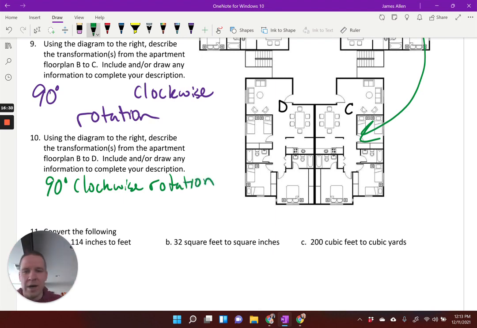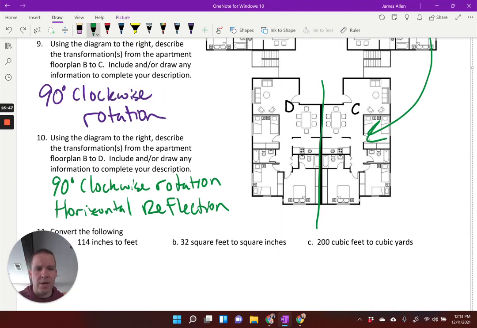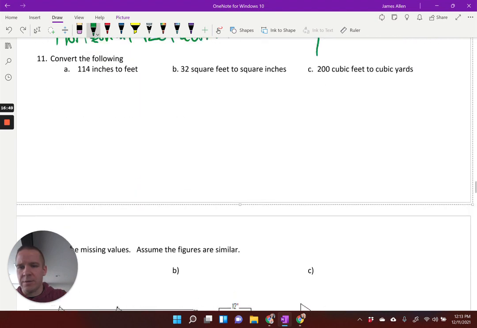And then it looks like a reflection over that y-axis, or a horizontal reflection. Cool. All right. I like it. That's a wonderful thing for transformations there. Let's keep going.